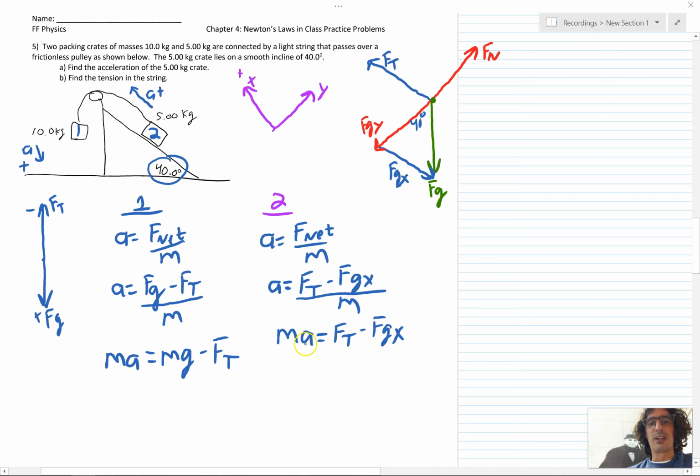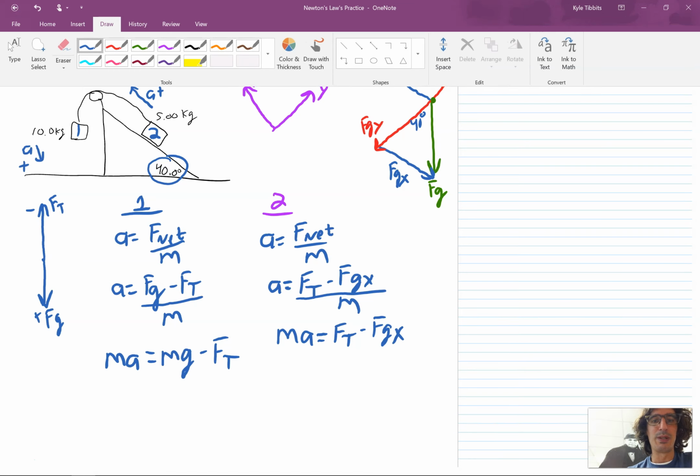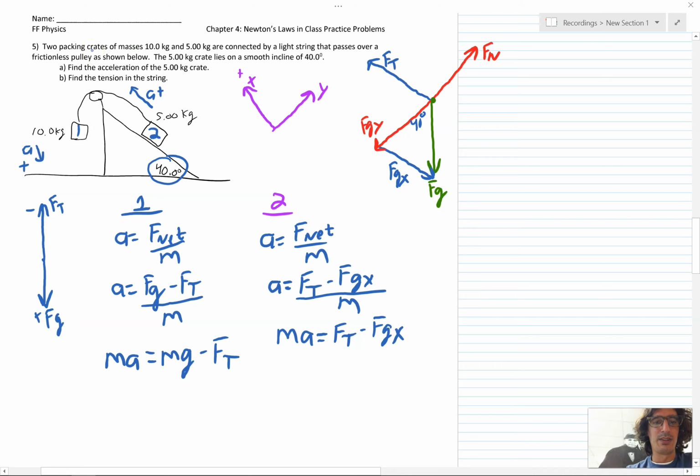We want to solve for the acceleration and the tension force. We can break down FGX, and we can even solve for it because we know the mass of object 2. I should have been more explicit earlier on, sorry. We should label our masses on the left side M1, and on the right side M2. But we have to break down FGX, so let's do that next. M2A equals FT minus FGX, which we want to find in terms of FG.